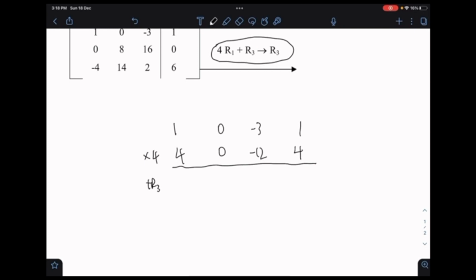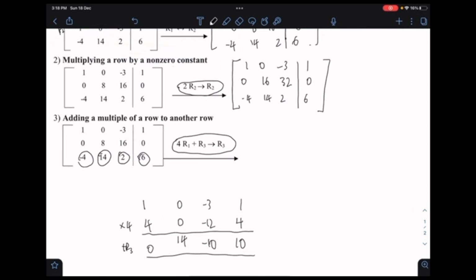So we will get 4 added to negative 4 is 0. 0 added to 0 is 0. 0 added to 14 is 14. Negative 12 added to 2 is negative 10. 4 added to 6 is 10. So this is the new element in new row 3.